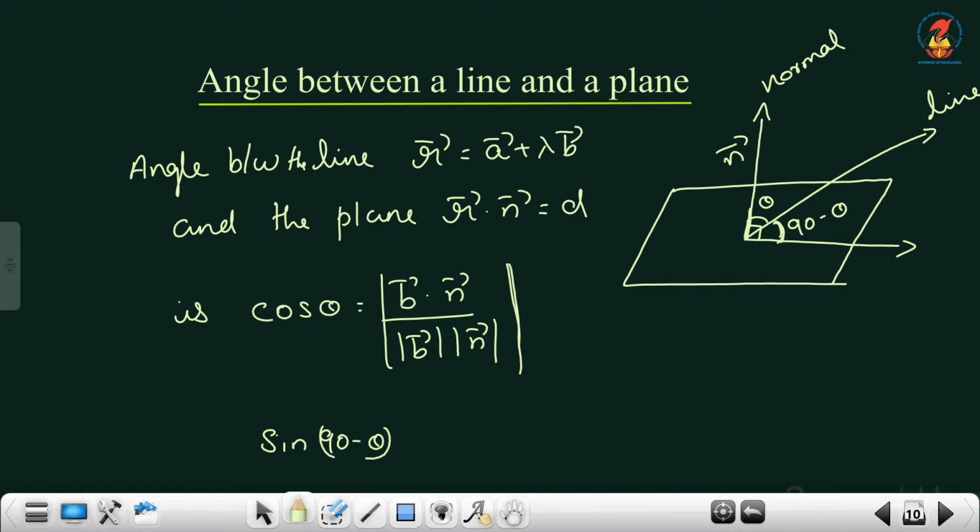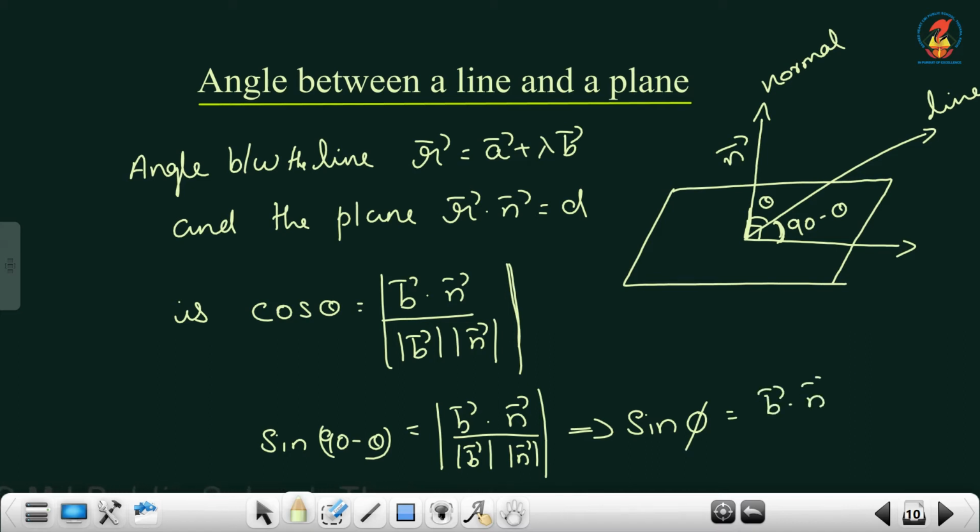Otherwise cos theta is same as sin 90 minus theta, so that's equal to mod of B dot n by mod B mod n. Or we can write, instead of 90 minus theta we can give another name, so B dot vector n by mod B mod n, modulus value.